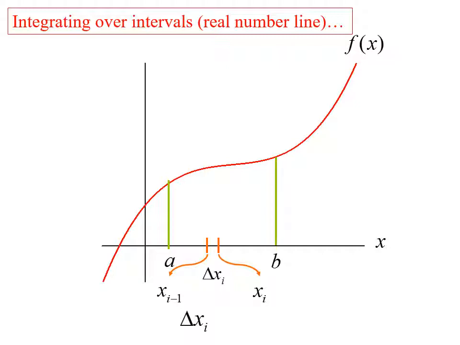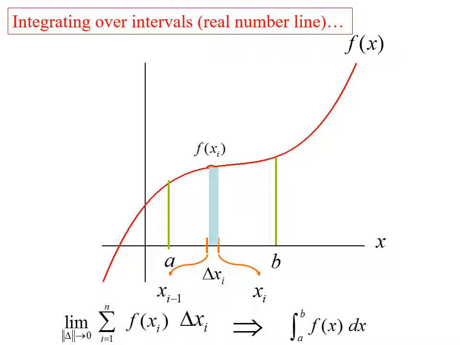We took any point within that partition, plugged it into the function, and we got the length of a rectangle. If we multiplied the width times the length, we got the area of that rectangle. We added all of those up from a to b, and then we took the limit of that as the norm of the partition went to 0, which also meant that the number of subintervals was going to infinity. And that was our definition of the definite integral.